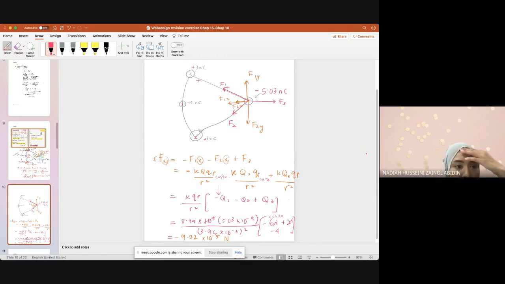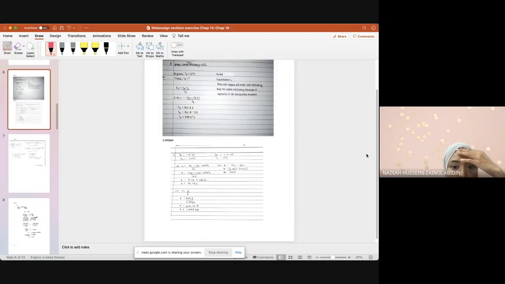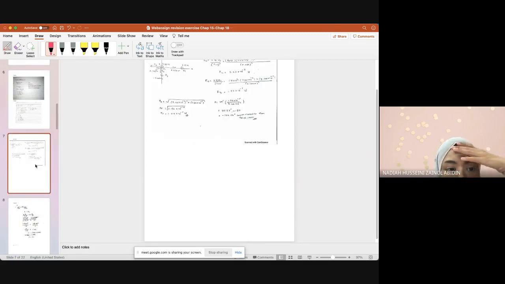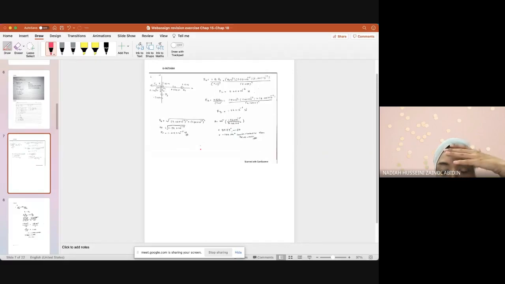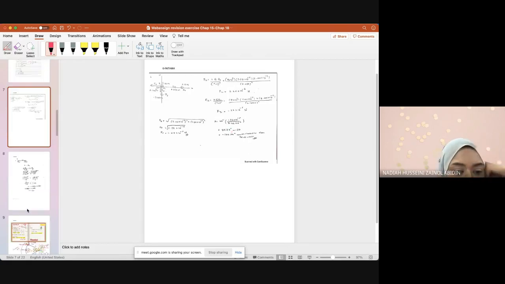Jawapan nombor 6 apa tadi? Nombor 5. Nombor 6 is minus 104 counterclockwise from the x-axis. 75.73. Okay.